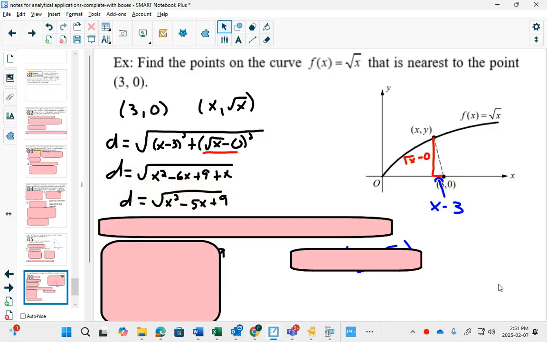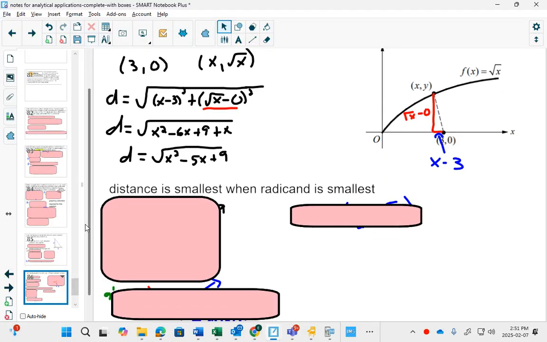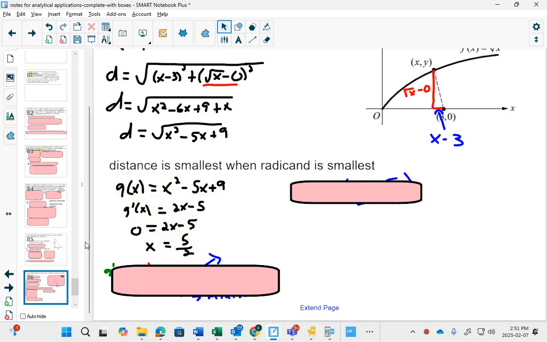If you simplify that distance formula out, it comes to the square root of x squared minus 5x plus 9. Okay? Now, we could take the derivative of this. Do you see it would be a chain rule? But one of the things about square roots is if that inside is the smallest possible, then the square root will be the smallest possible.